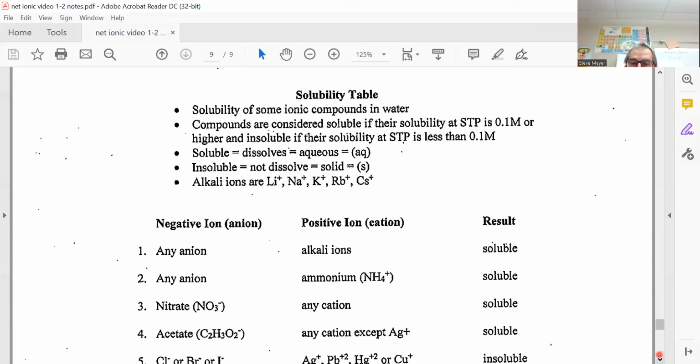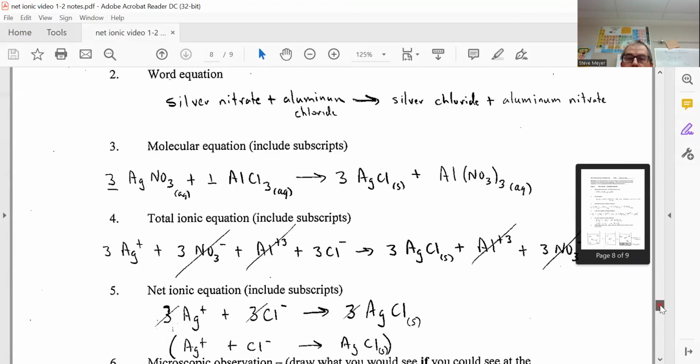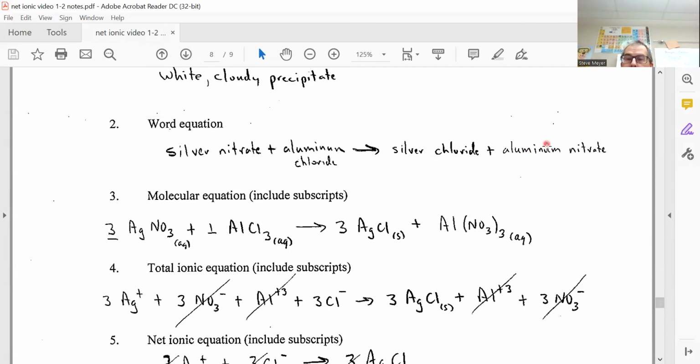So I'm going to look at aluminum nitrate. Now I see rule number 3. It says nitrates, no matter what they're combined with, are always soluble. So I can eliminate aluminum nitrate from being the precipitate. I can write AQ right here for aluminum nitrate, aqueous.